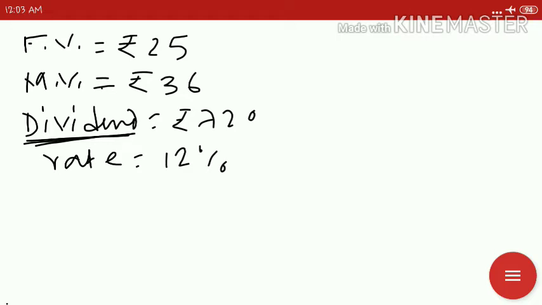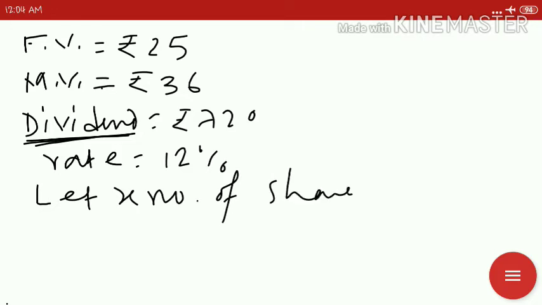So first we will assume that the person has purchased X number of shares, or you can keep it as number of shares, or you can assume it as X, whatever you need. So I will assume it. Let X number of shares he has purchased.